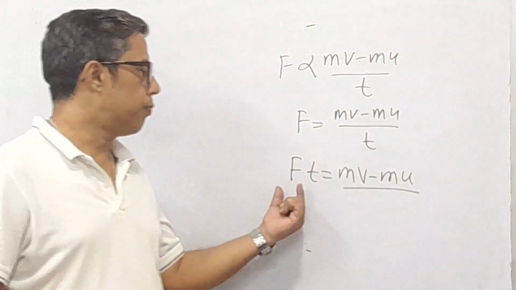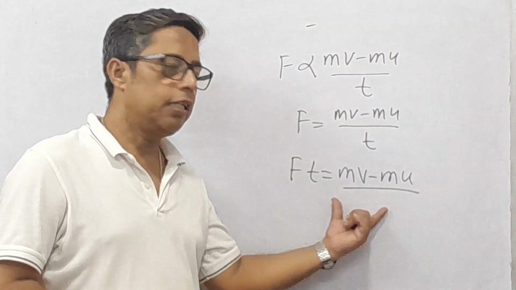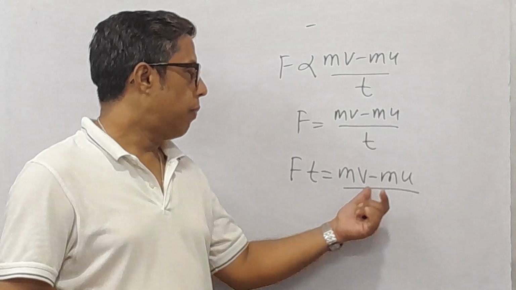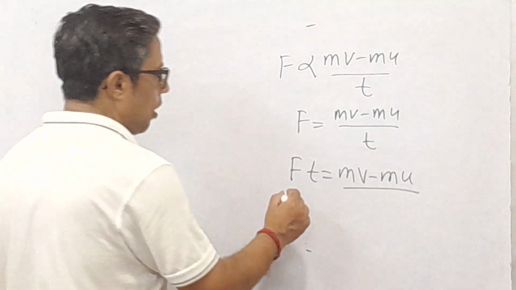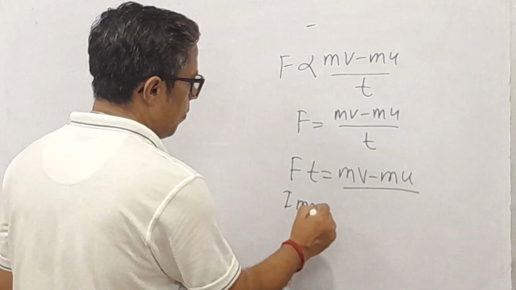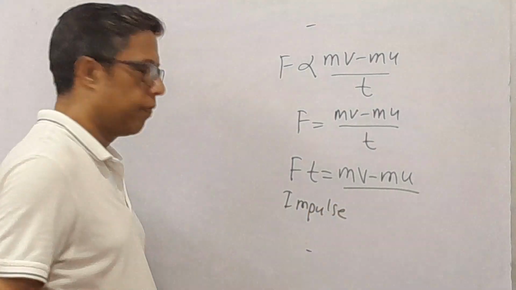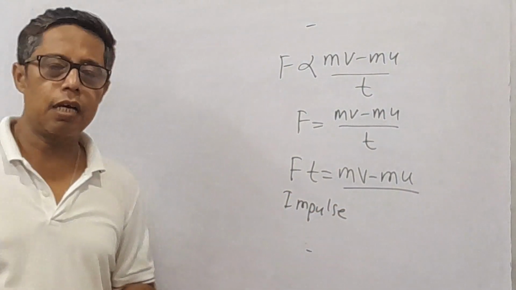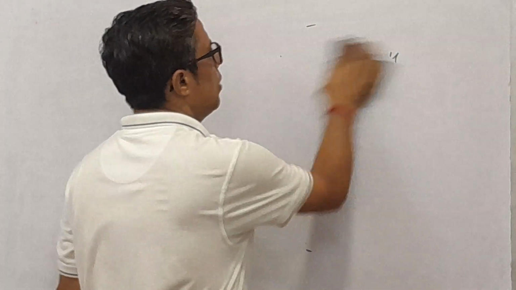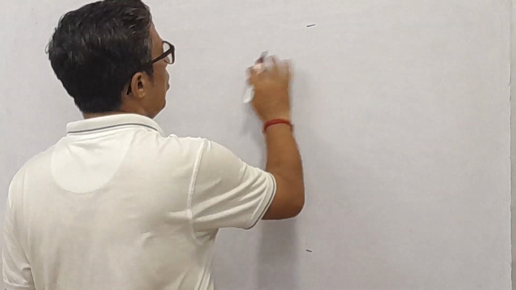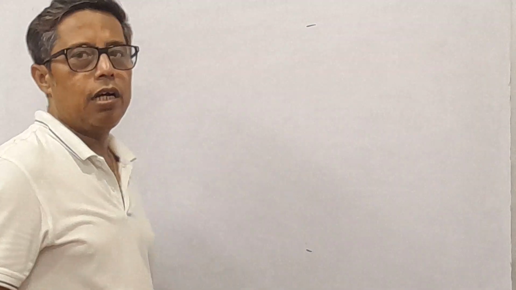So if you have force and time, you will get the change in momentum. If you have the final velocity, initial velocity, and mass, you will get the impulse. So force into time is called impulse. Sometimes you get a question like, what is the impulse? So force into time is the impulse, right? This is for Newton's second law, and next is the recoiling part, which we have already discussed.